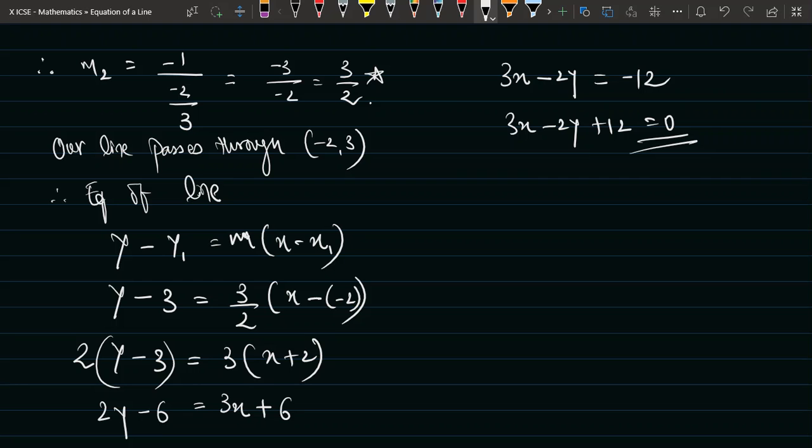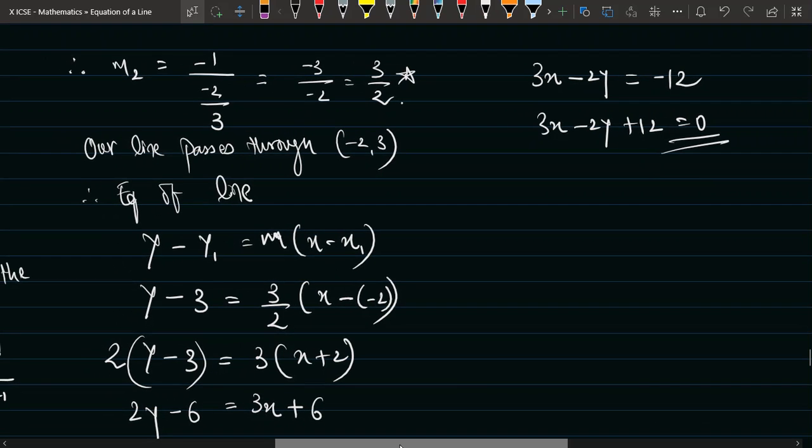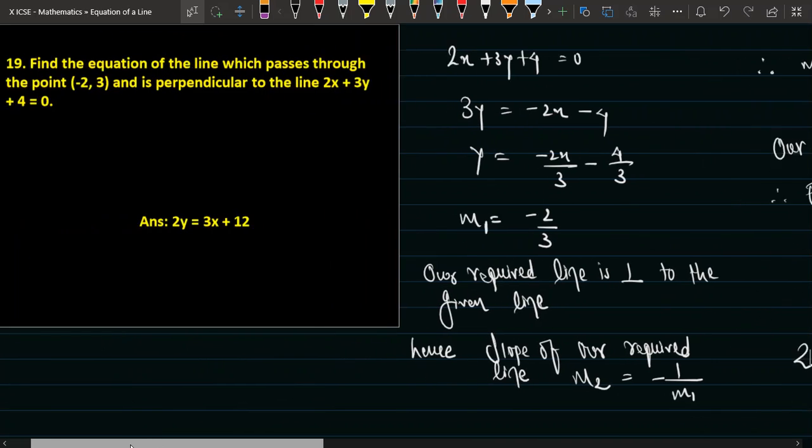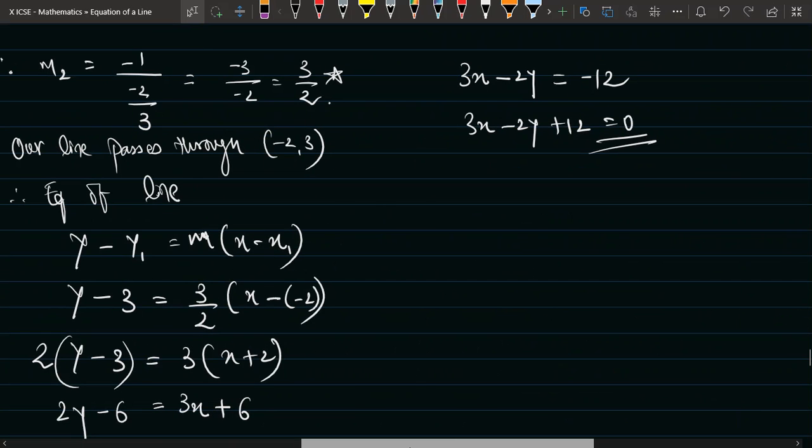Even if you write it in terms of y is equal to mx plus c, that's not a problem. They all are the same. 2y is equal to 3x plus 12, that's also fine.